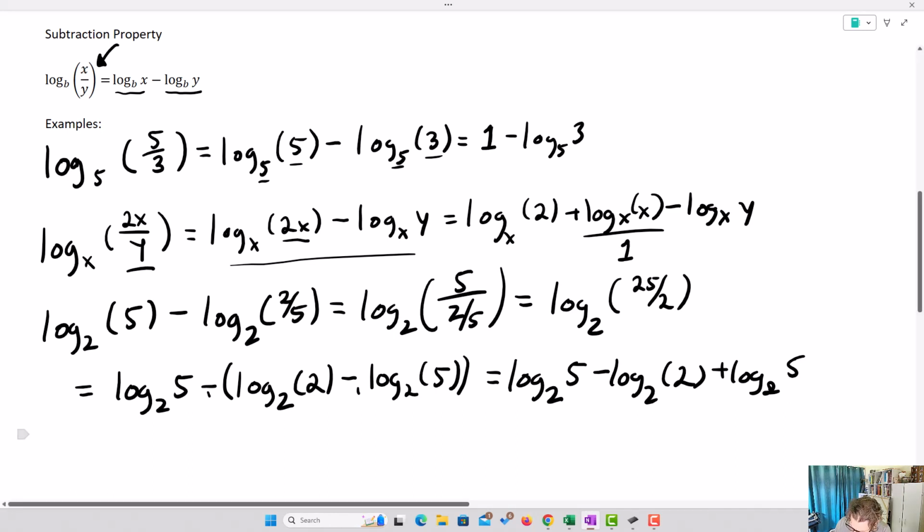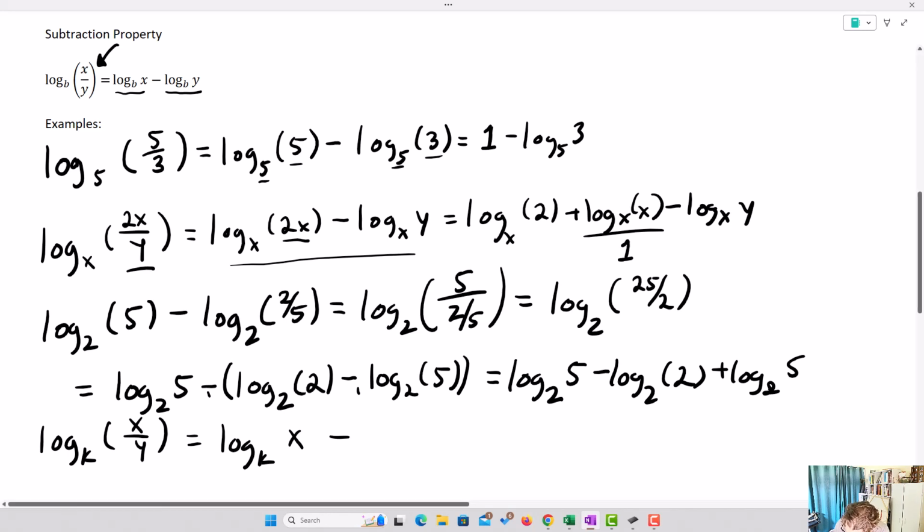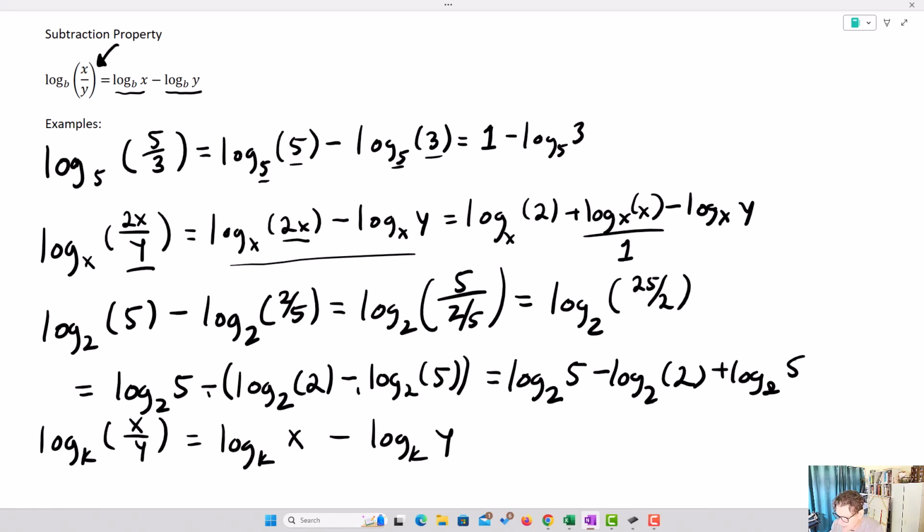Let's do one more. Let's say I have log base k of x over y. This is going to be log base k of x minus log base k of y. And that's our expansion. Let's do one more contraction then.